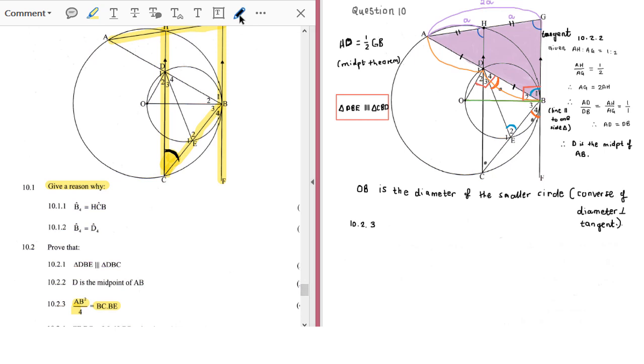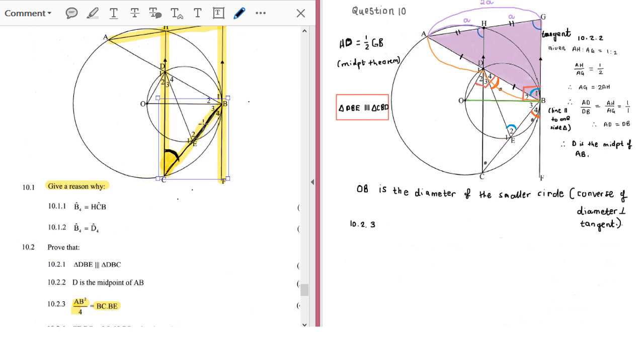So where is BC? BC is this length over here. Basically that is BC. Where is BE? BE is that side over there.